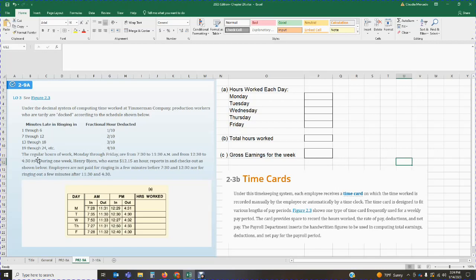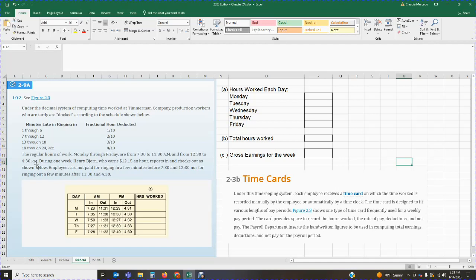Now it tells you that the regular hours of work are Monday through Friday from 7:30 to 11:30 and from 12:30 to 4:30. So all of the employees in the company should be clocking in at 7:30. They clock out for lunch at 11:30, they come back from lunch at 12:30, and they leave at 4:30.